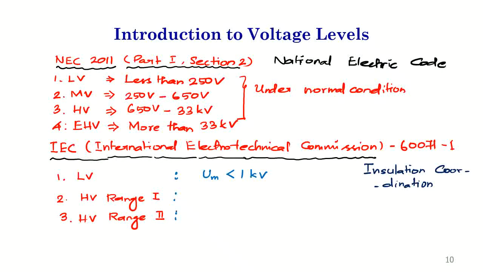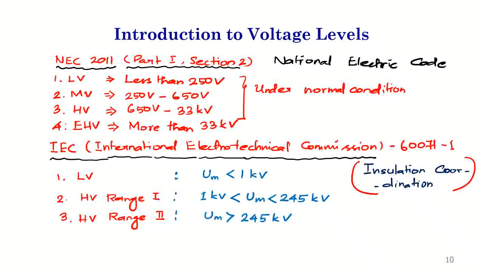In HV range 1, it is 1 kV to 245 kV. And if the maximum voltage is above 245 kV, then we say it is HV range 2. So this classifies the voltage levels for the purpose of insulation coordination.